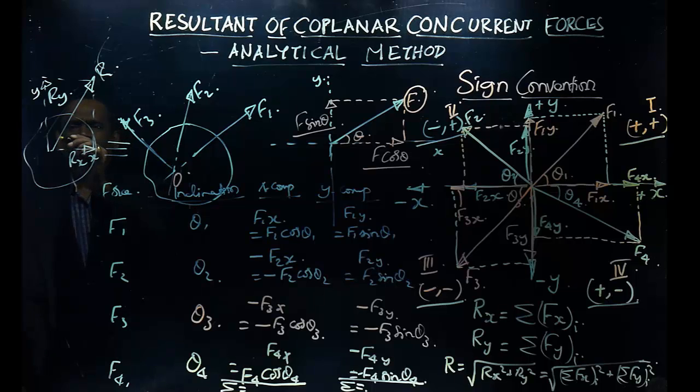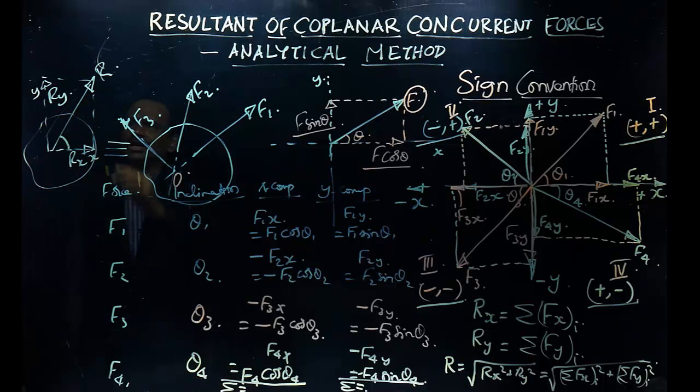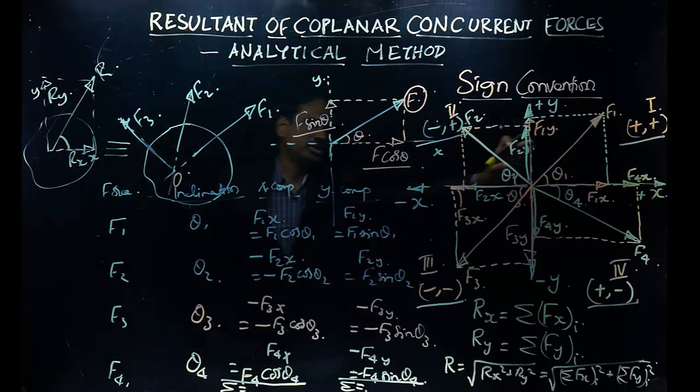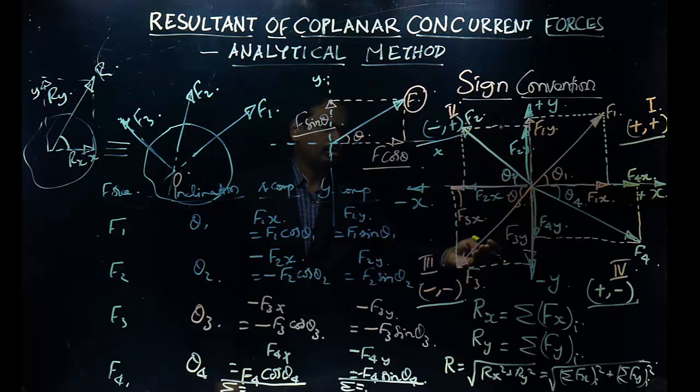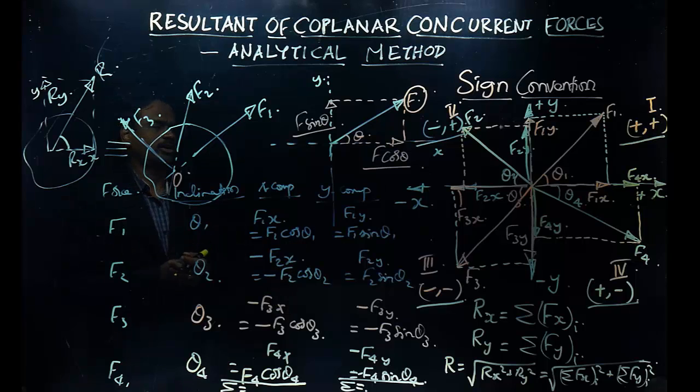Now I have to find not only the magnitude but also the direction of this resultant force. Here we are assuming this force to be lying in the first quadrant, but once you calculate, it may lie in second quadrant or third quadrant or fourth quadrant. That we have to find out in which quadrant the resultant of all these forces lie.